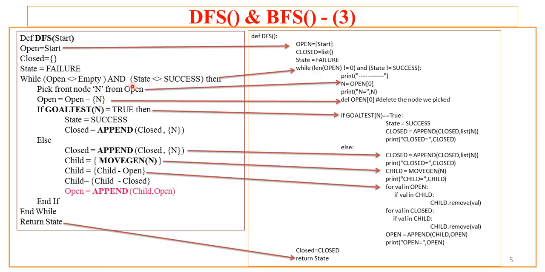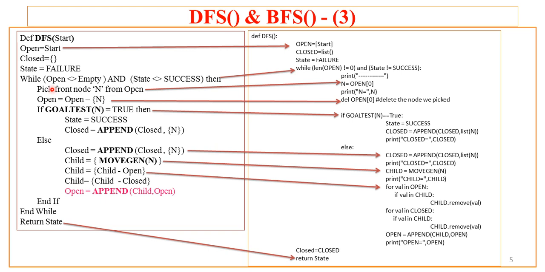Now open is not empty is achieved by calling the len function on open. The len function returns a non-zero value if there is something in open, otherwise it returns zero. So if the length is not 0, that means there is something in open, and if state is not success, that means we have not yet reached the goal state. This whole operation is repeated.